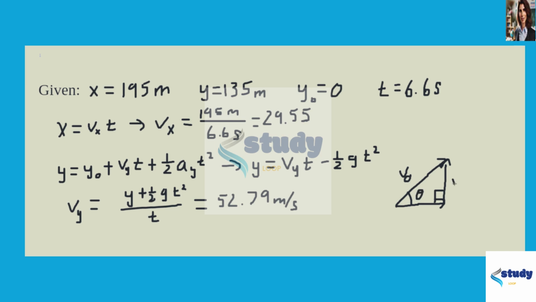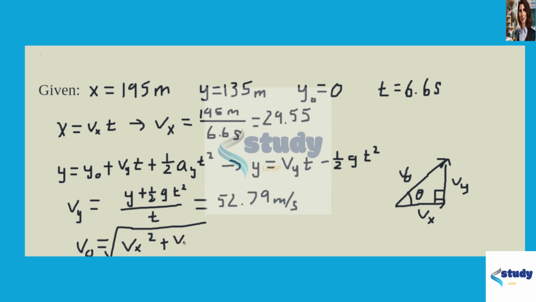So this is v of y. This is v of x. Then you can see here, using the Pythagorean theorem, we can find v naught. v naught is going to be equal to the square root of the sum of the squares of both sides. So it would be v of x squared plus v of y squared.